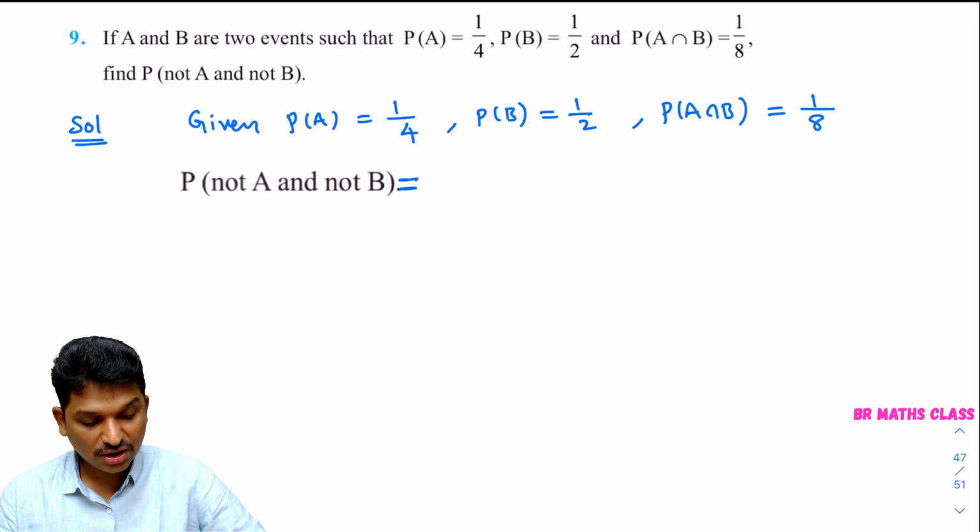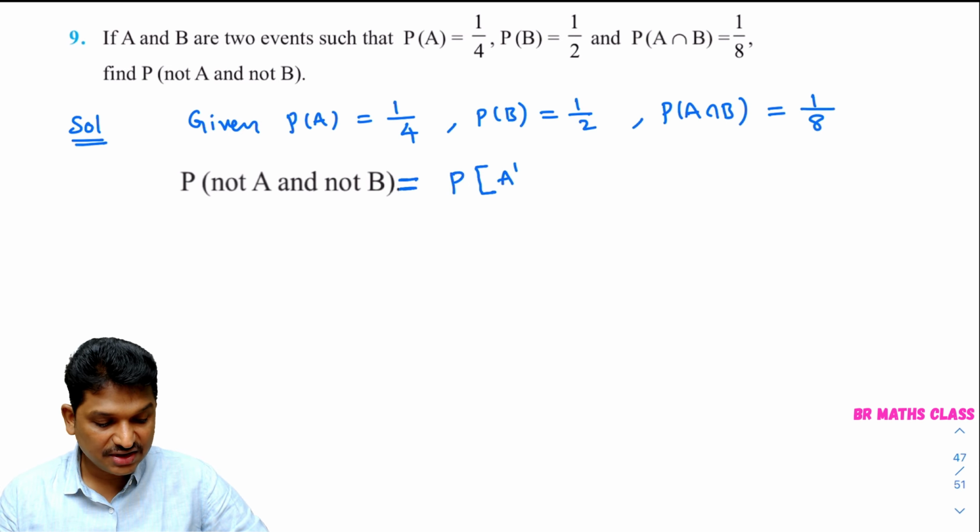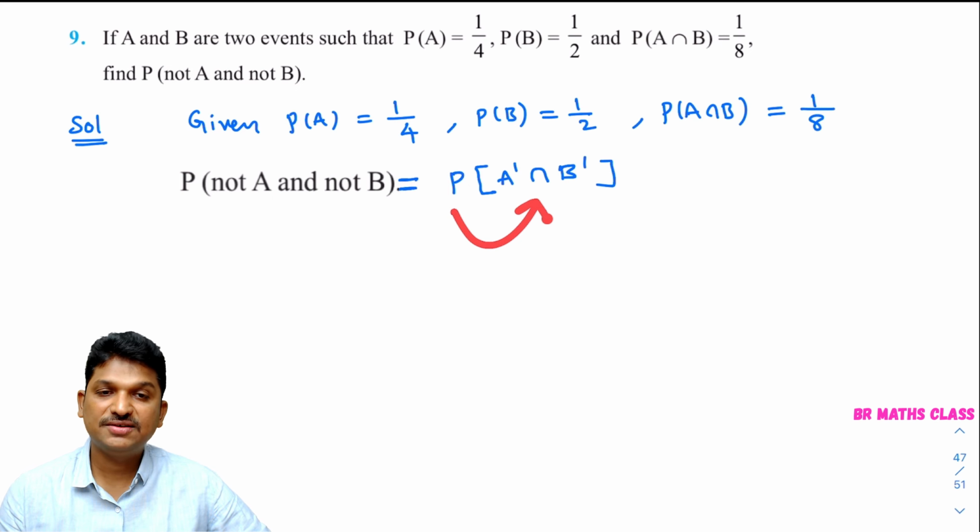So probability of not A, I'll write it as A dash, complement of A. Here 'and' is there, and means intersection, not B, not B means B dash. So they are asking us to calculate probability of A dash intersection B dash.